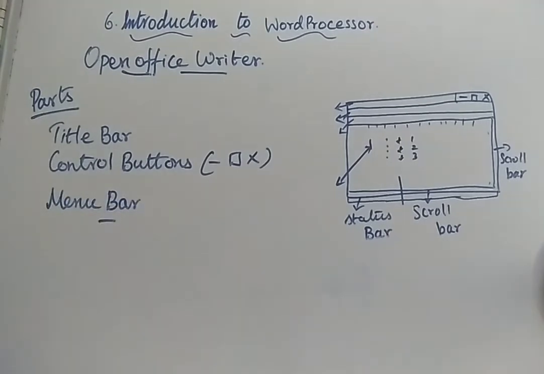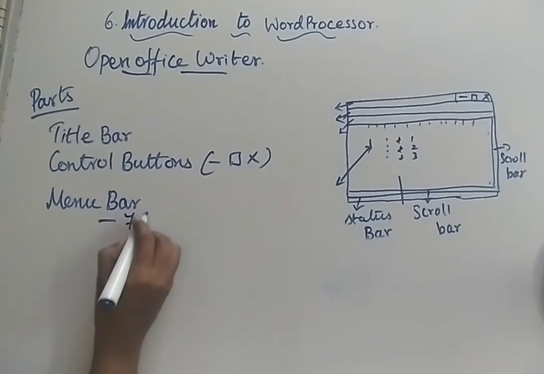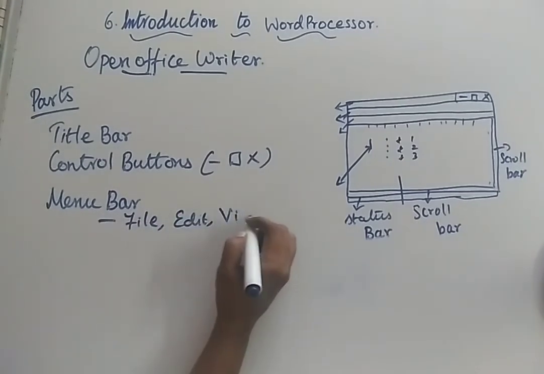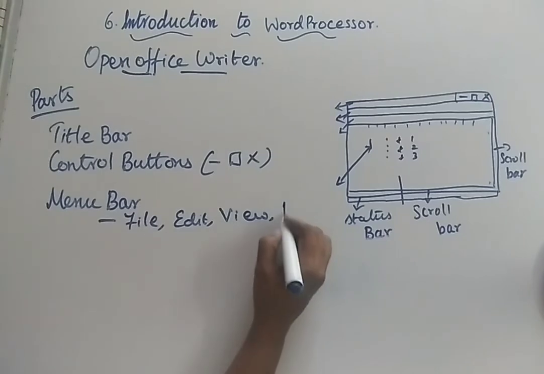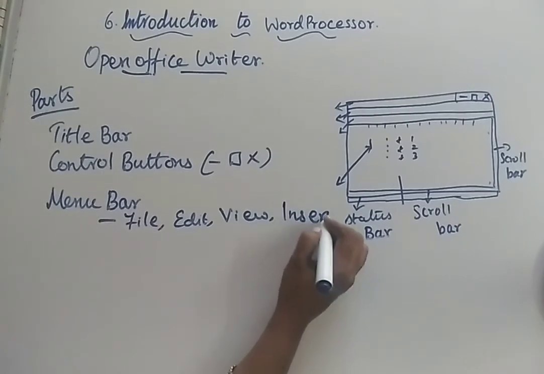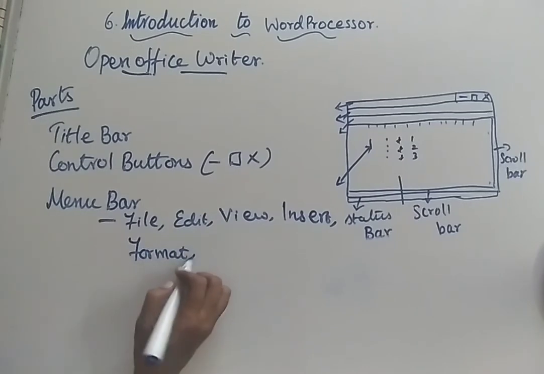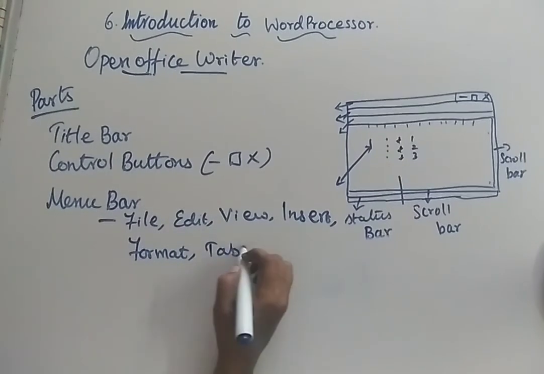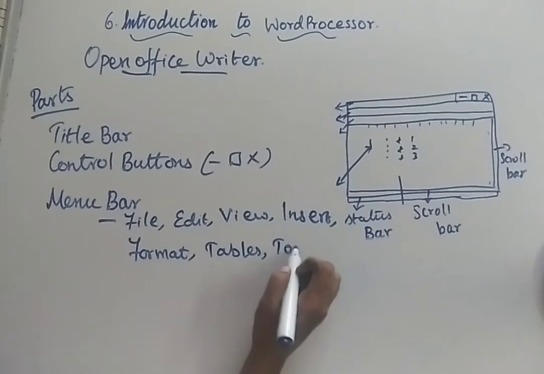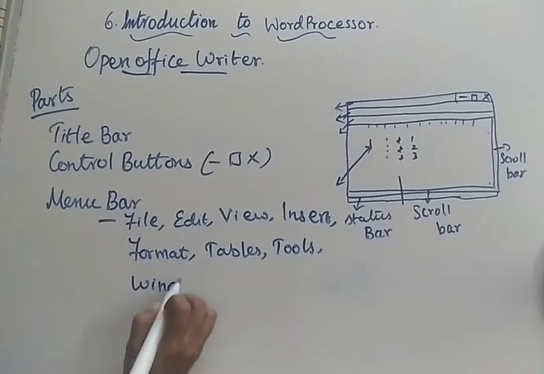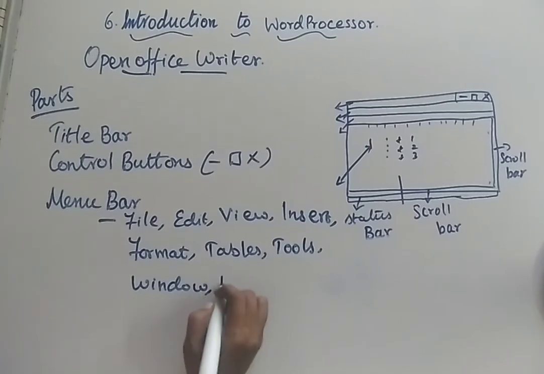Under this one, what menus have we discussed? We have discussed file, edit, view, insert, next format, next tables, next tools, window, and the next one help.